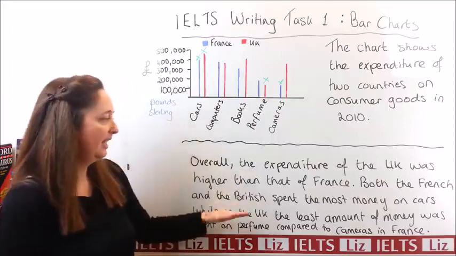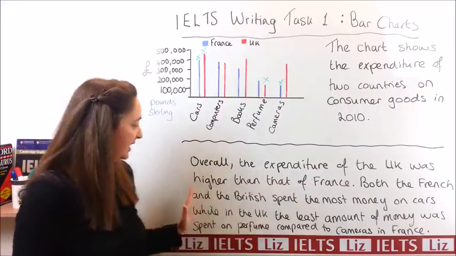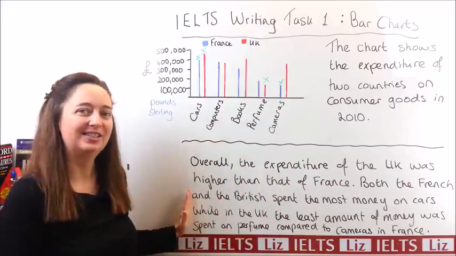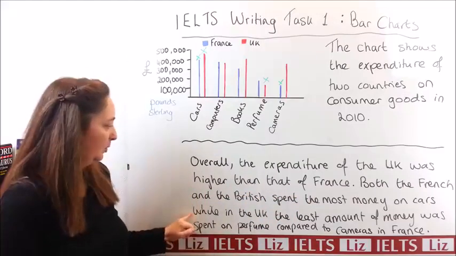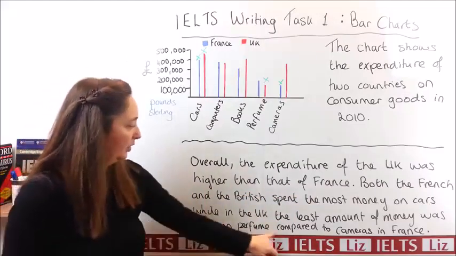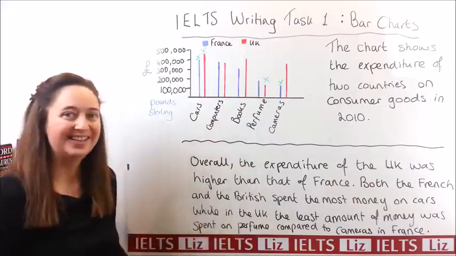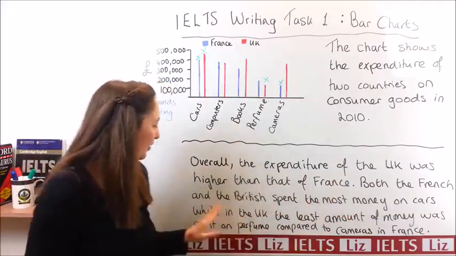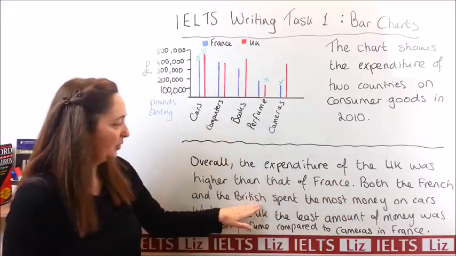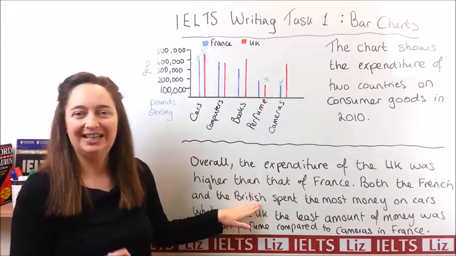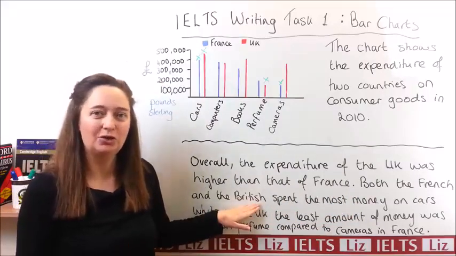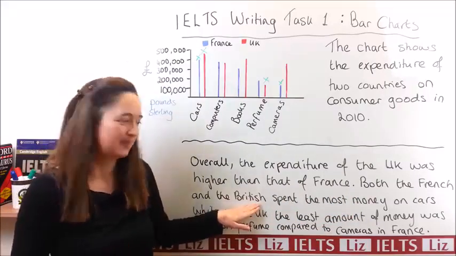Now we look at the next part. This is quite a long sentence and it's connected with two linkers. We've got while and compared to. So let's have a look. We've got both the French and the British. So here I've changed it. Instead of giving the name of the country, I'm using the nationality.